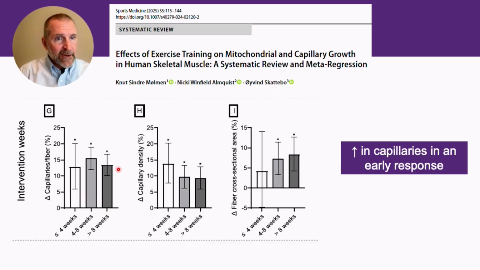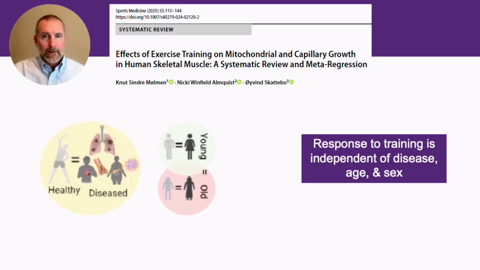And that's what we see here, is that in the initial 4 weeks there's capillary growth, which kind of persists or levels off with the duration of the exercise training. So this kind of suggests that capillary growth is necessary in the early phases of exercise training in order for the muscle to improve the other aspects of exercise training.